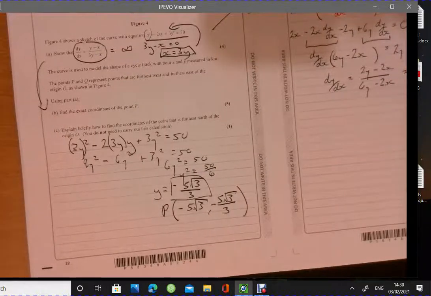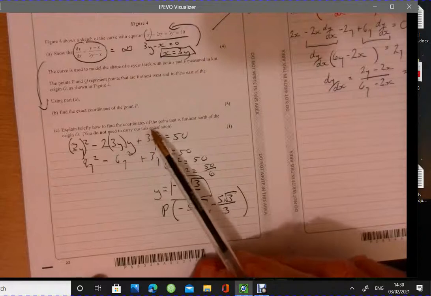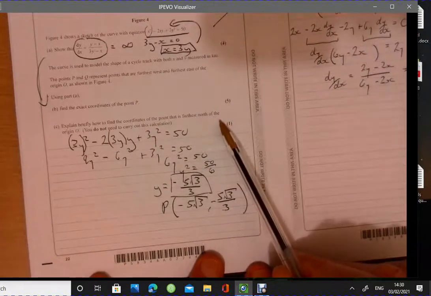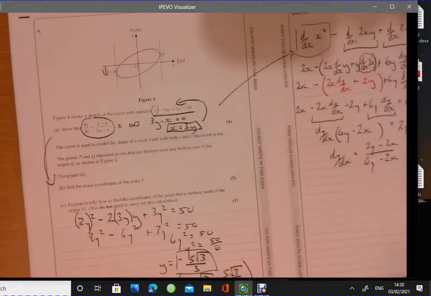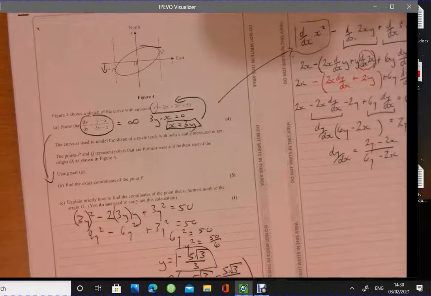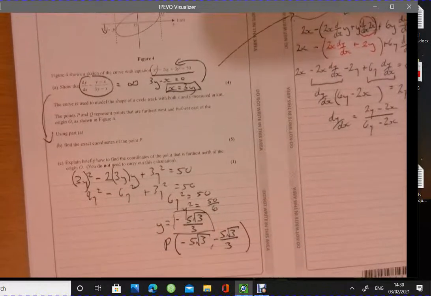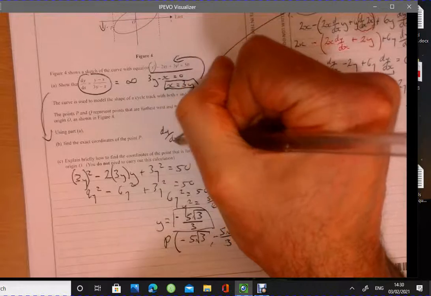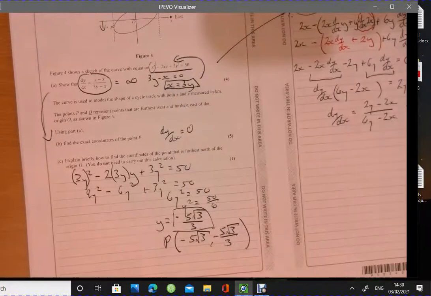All right, we're done. And then part C is: explain briefly how to find the coordinates of the point that is furthest north of the origin. So we're looking at this point up here. Obviously it's when the gradient is equal to 0. So in other words, what we're looking for is when dy over dx is equal to 0.